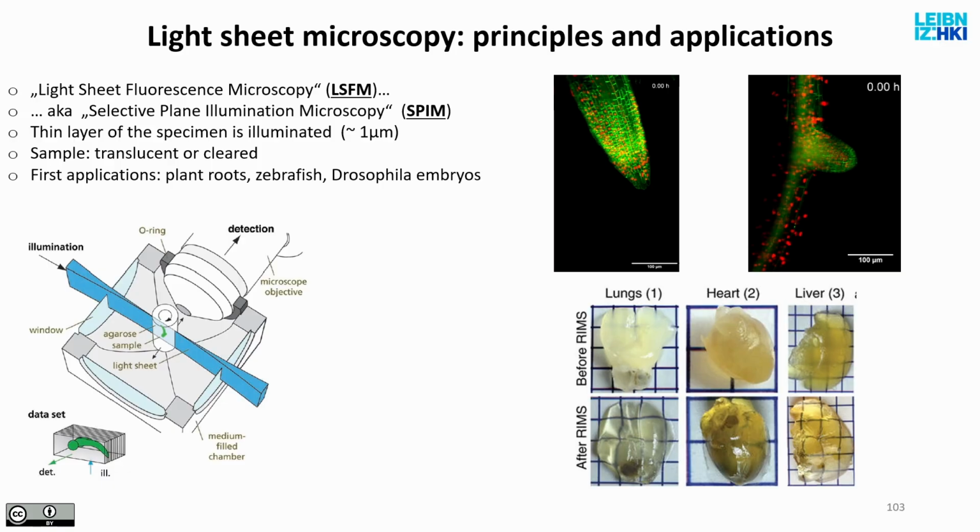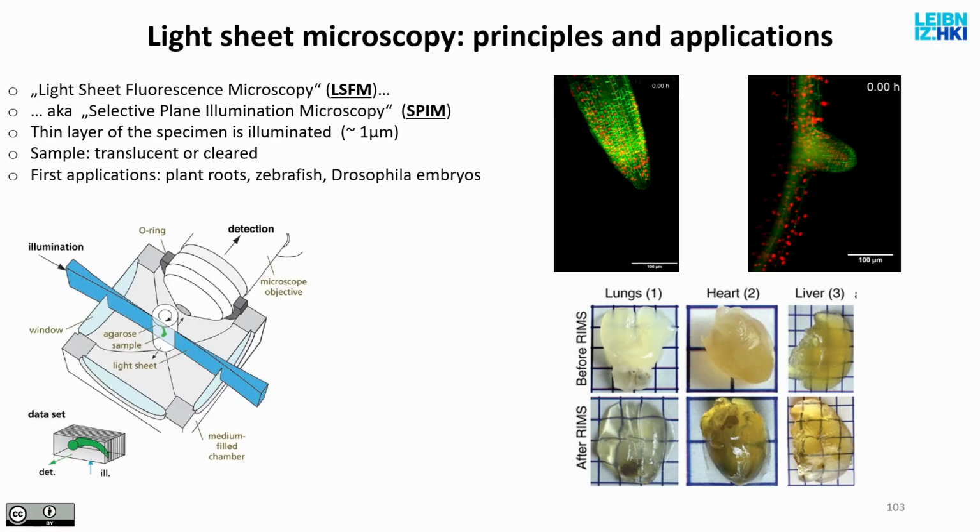And I focus that on my sample. What do I do here? I illuminate the entire cross-section of the sample. So if I have a camera perpendicular to this, I get an image of one Z layer at once. So this is even faster than spinning disk confocal microscopy.